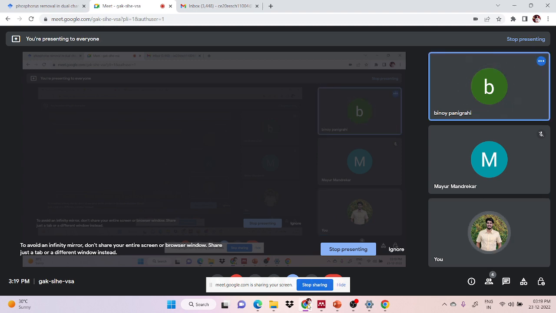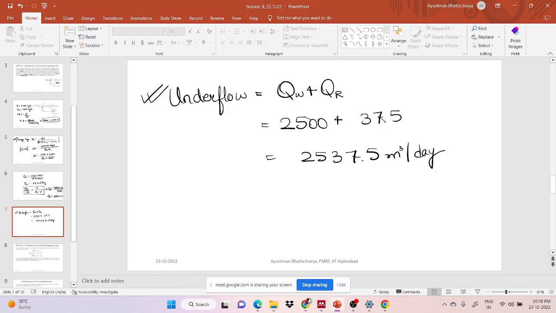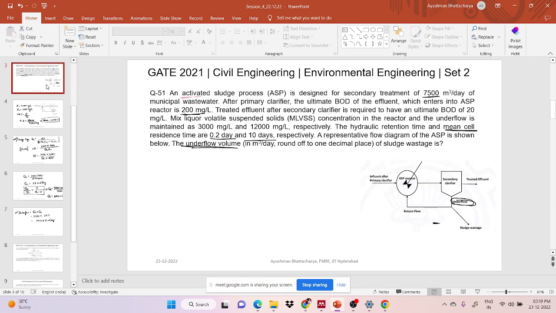Sir, actually in the official GATE solution, it was given 37 to 38. 37 to 38 what? It is the answer given. Underflow volume you are talking about, 37 to 38.